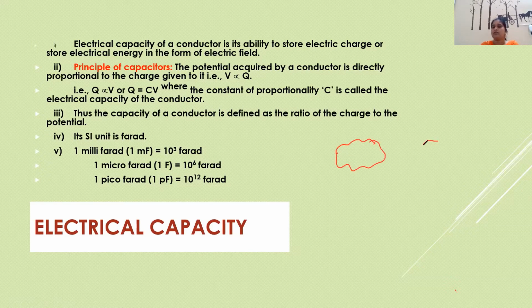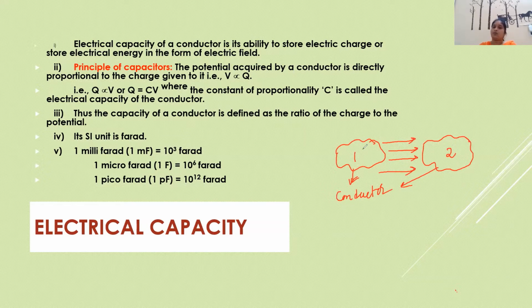Irregularly, I am just showing two conductors: this is conductor 1 and this is conductor 2, separated by some dielectric material, an insulating material. This is a conductor and the other one is also a conductor, and between them there is a dielectric material present.